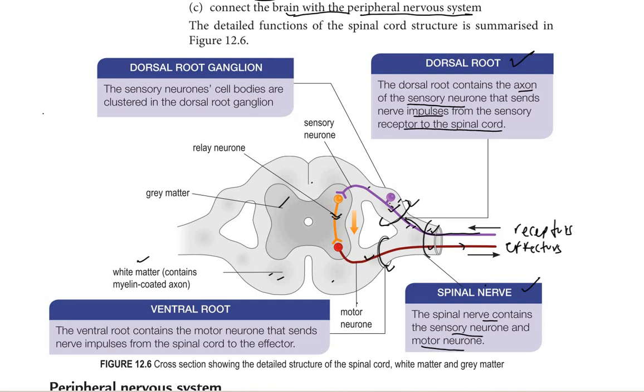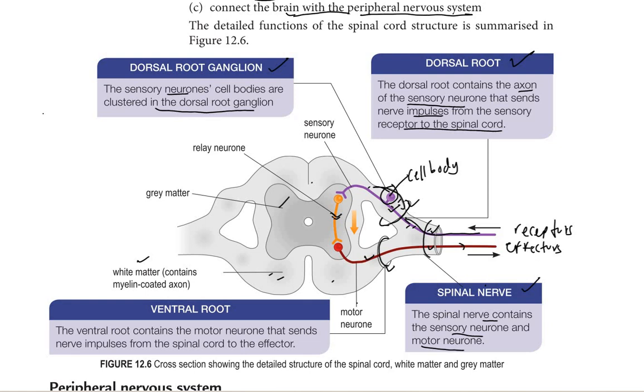Okay. Then here we have the curve. This curve is known as the dorsal root ganglion. The sensory neuron cell bodies are clustered in the dorsal root ganglion. So what is the cell body? This is the cell body. Every neuron has a cell body. So the cell body of the sensory neuron can be found in this dorsal root ganglion.